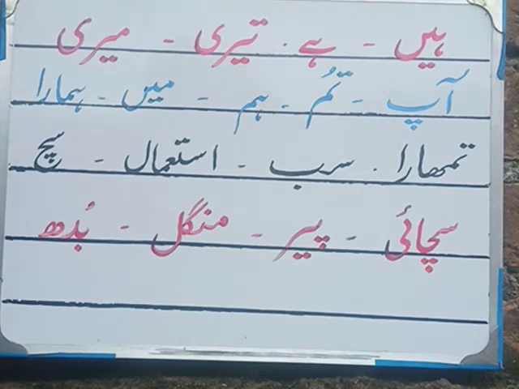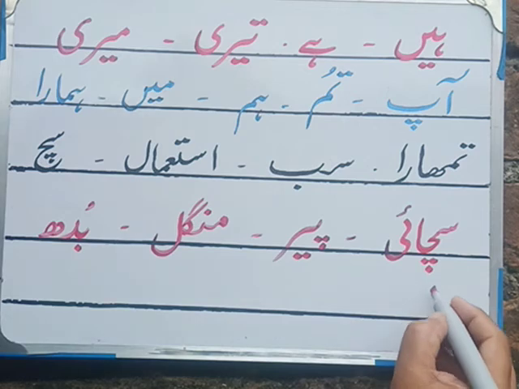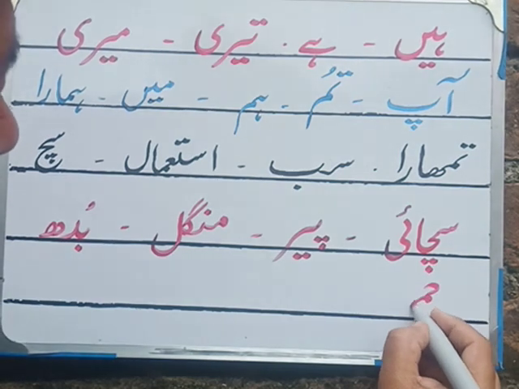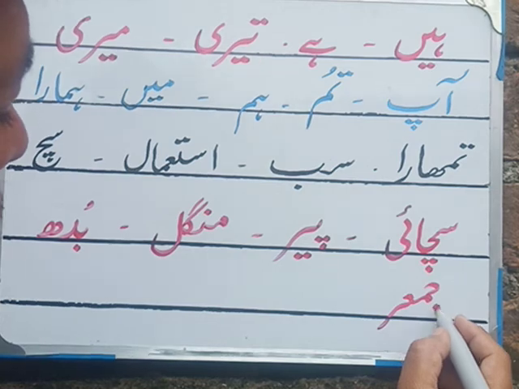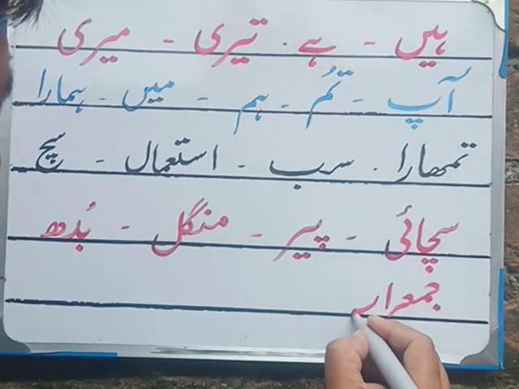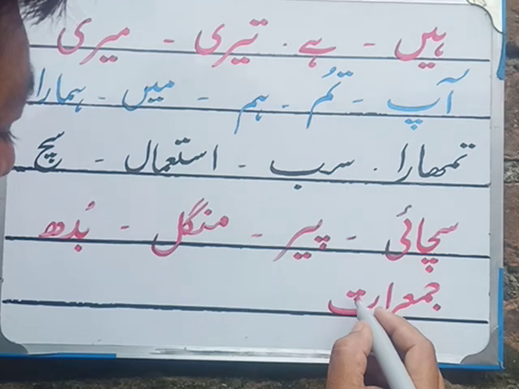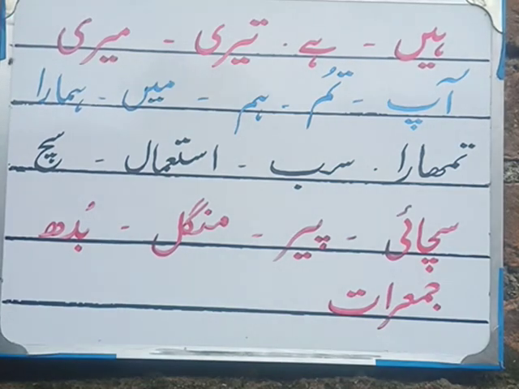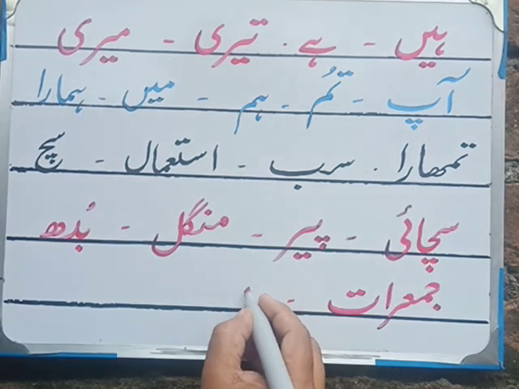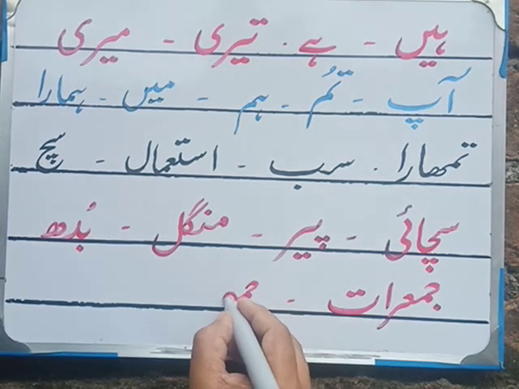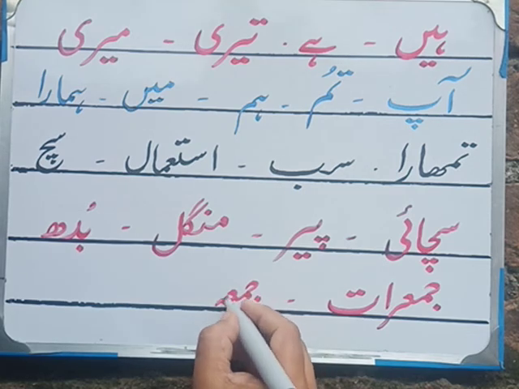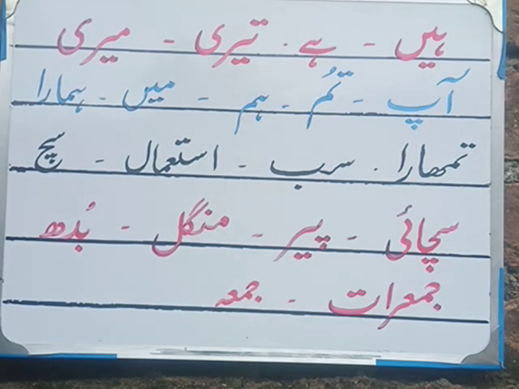Next day name is Budh in Urdu, and it is called Wednesday in English. Next day is Jumerat. It means Thursday in English. Next day is Juma.